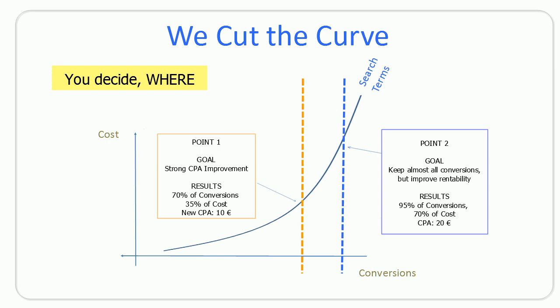So the CPA will be much better than before. In the second point, we see that the company doesn't want to lose a lot of conversions. It keeps 95% of the conversions, almost everything, and still it has only 70% of the cost of before. So there's a big improvement in profitability.